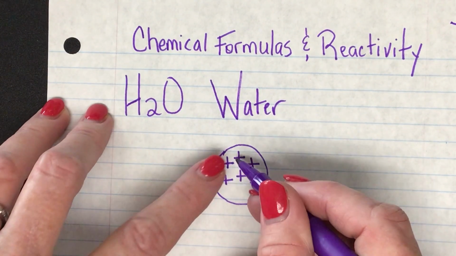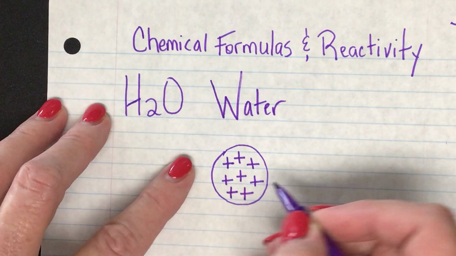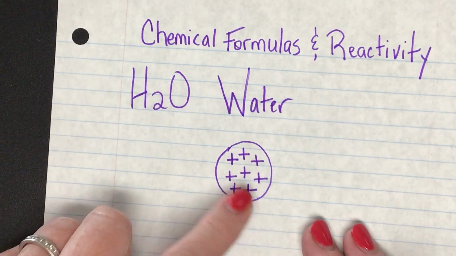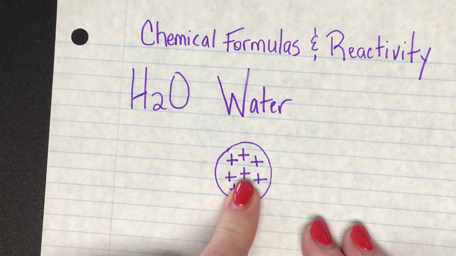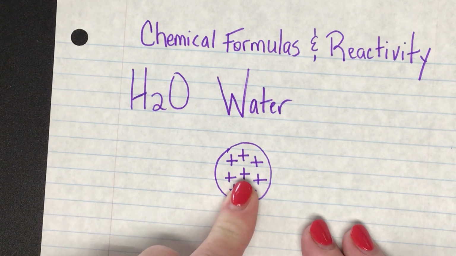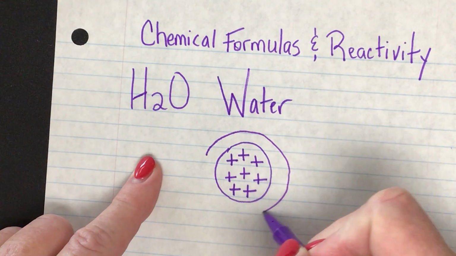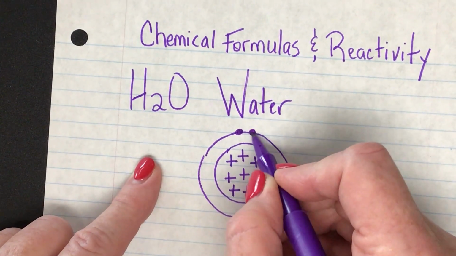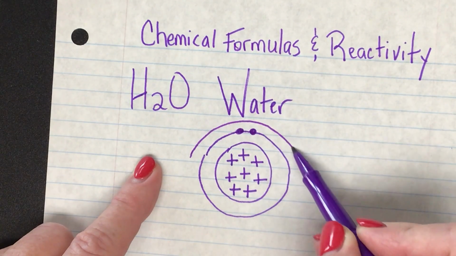So we have 1, 2, 3, 4, 5, 6, 7, 8. If we have 8 positively charged particles, how many negatively charged particles do we need? We need 8. How many will fit in the first energy level? 2. Okay, good. And then we're going to draw a second energy level.